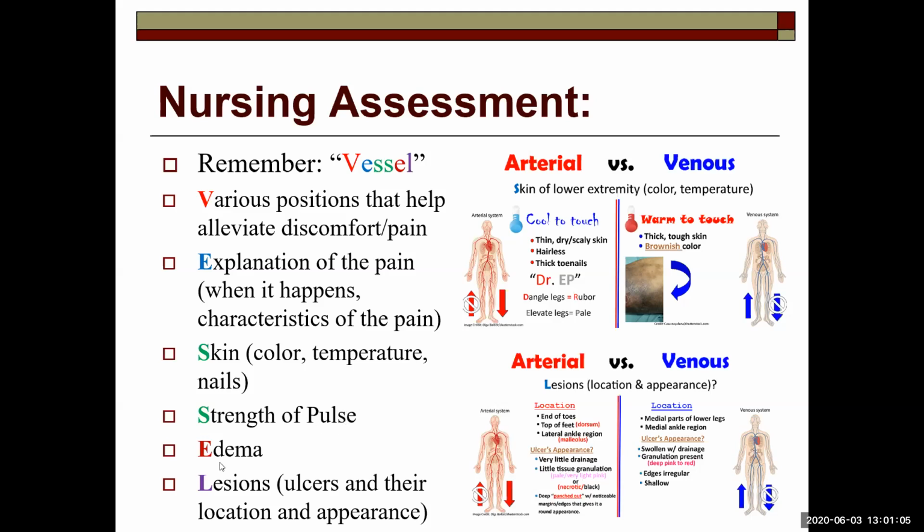Edema, both can lead to edema, but more of what? Venous, because you have return and backflow, edema more of a vein than the artery. And then the ulcers, like I mentioned, the arterial gives you a pinkish kind of ulcer, whereas a deep red is most likely venous. You will learn this a lot more as you go on.